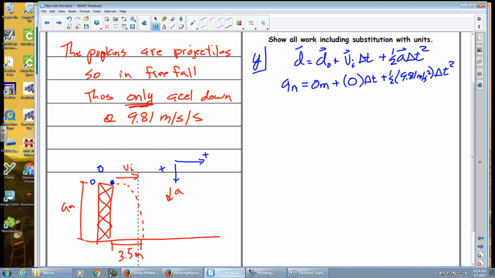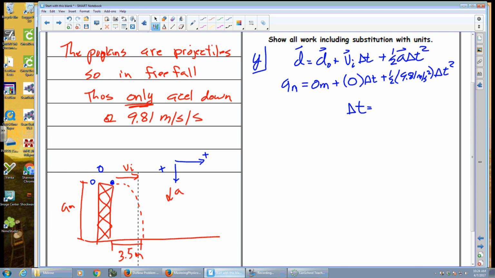That's a 1/2. I'm trying to write small because I don't want to use too much space. So, I can find delta t from here, right? Let's see what I get.